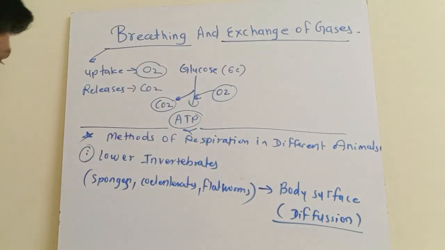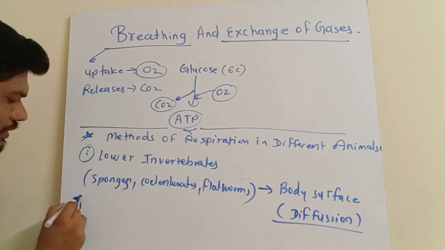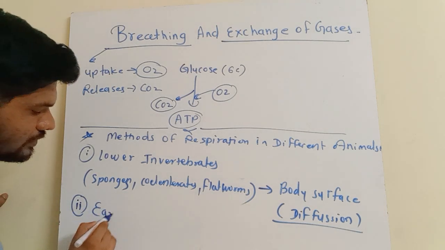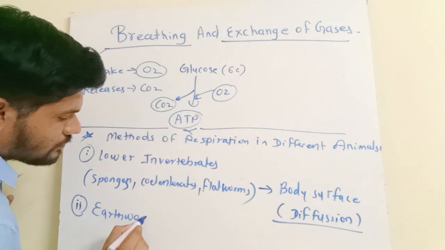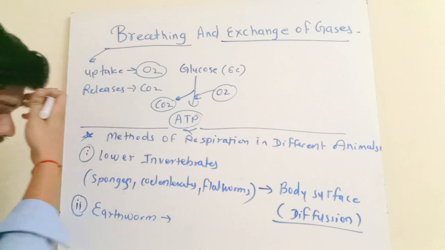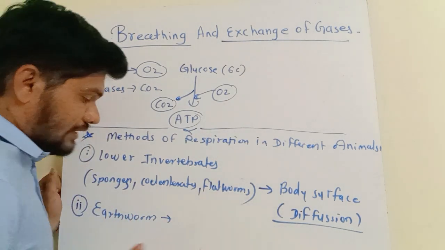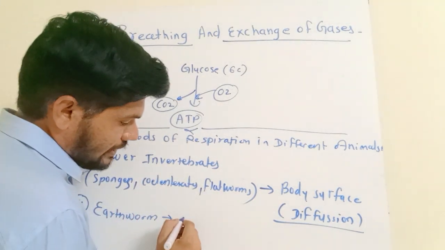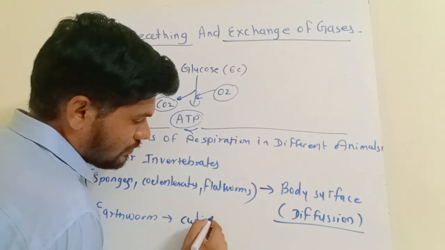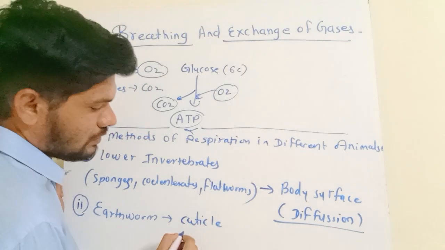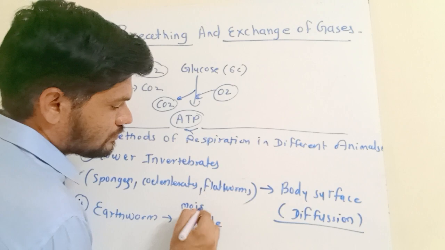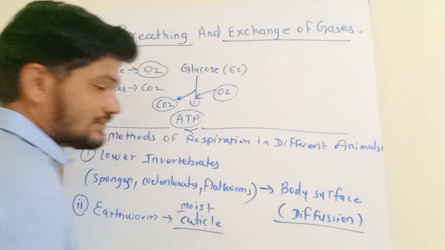Okay, this is the first one. Then second, like the earthworm. The earthworm performs the exchange of gas through its moist cuticle. So it is cutaneous respiration.